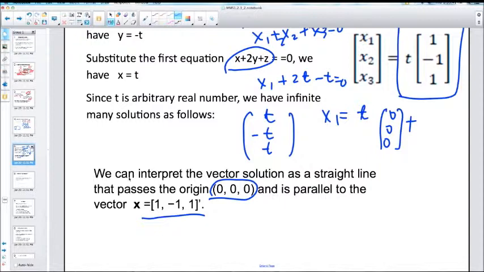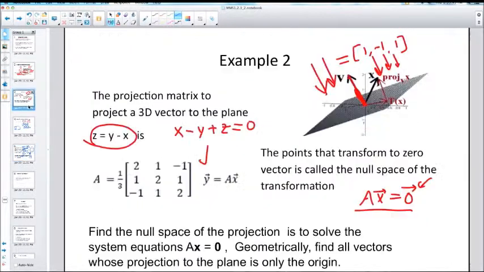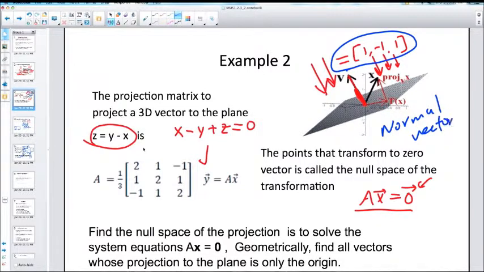Now, I wanted you to recall where you have seen this vector. Now, back to the graph. This vector is precisely the normal vector. So the solution in algebra just confirms what we observed in geometry.